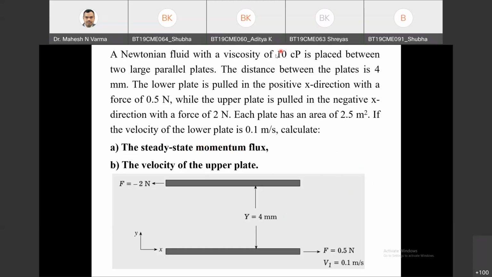And viscosity is 10 centipoise, so you can get the velocity gradient. Velocity gradient means dv by dy, so I have v1 and this will be v2. v2 minus v1 divided by y2 minus y1. This is the velocity gradient. So you can get v2.